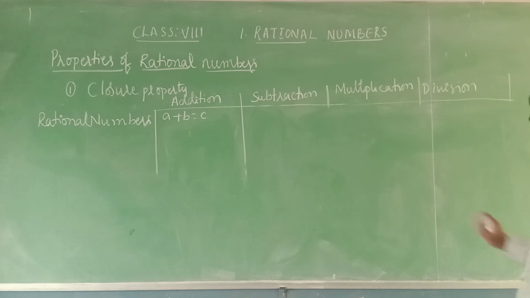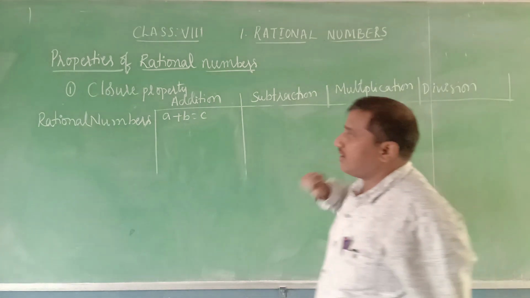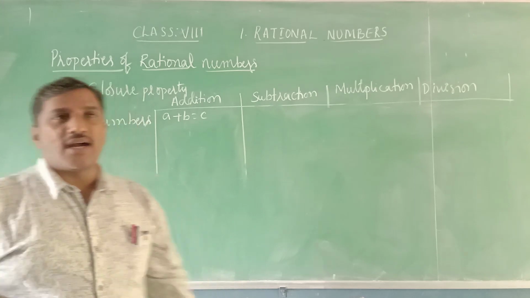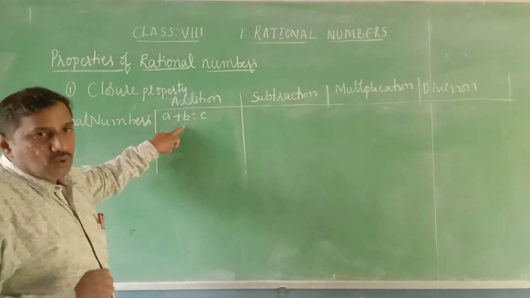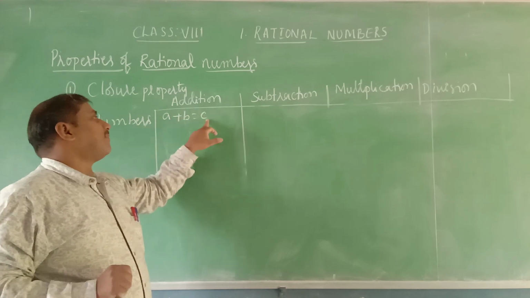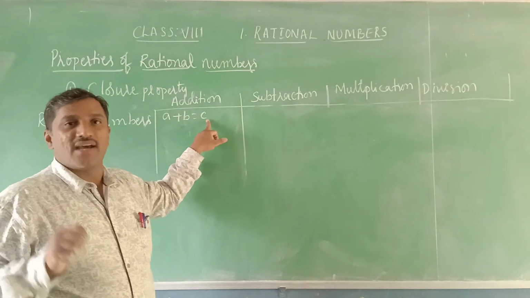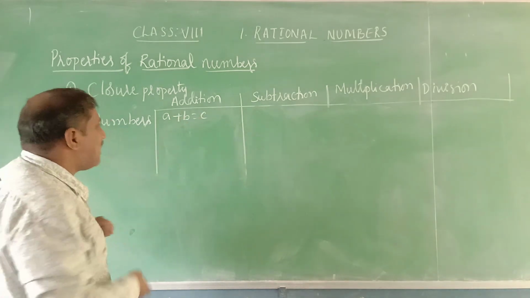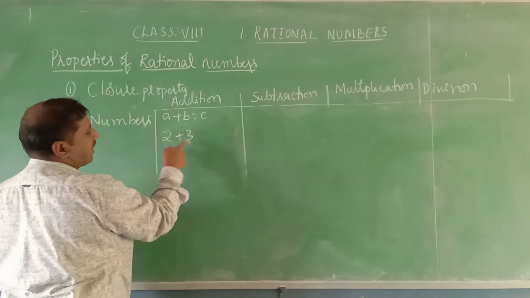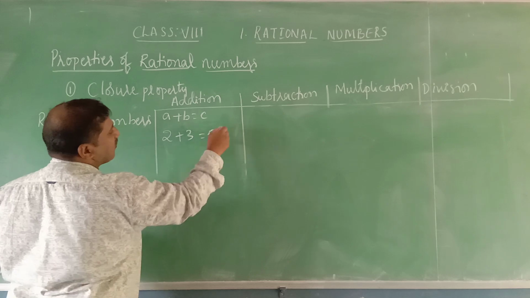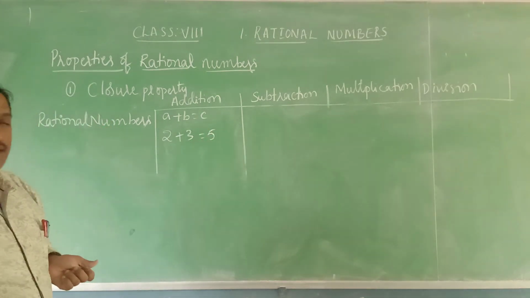Now we will discuss the closure property for rational numbers under 4 arithmetic operations. Let a and b be two rational numbers, then their sum, that is c, is also a rational number. We will see with some examples. 2 plus 3, 2 and 3 both are rational numbers. 2 plus 3 is equal to 5, and 5 is also a rational number.